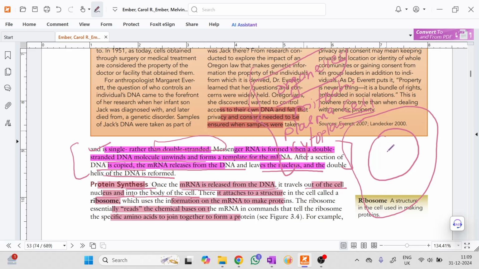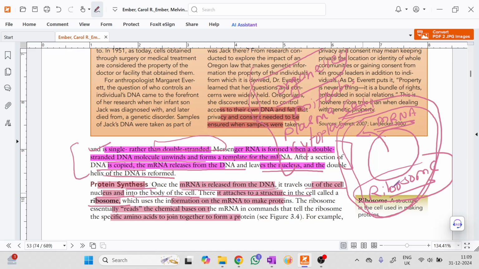So from the nucleus, mRNA travels outside the nucleus and into the extracellular matrix. And here it attaches to a small structure in the cell called the ribosome. Yes, so ribosomes are there, which help in making protein.